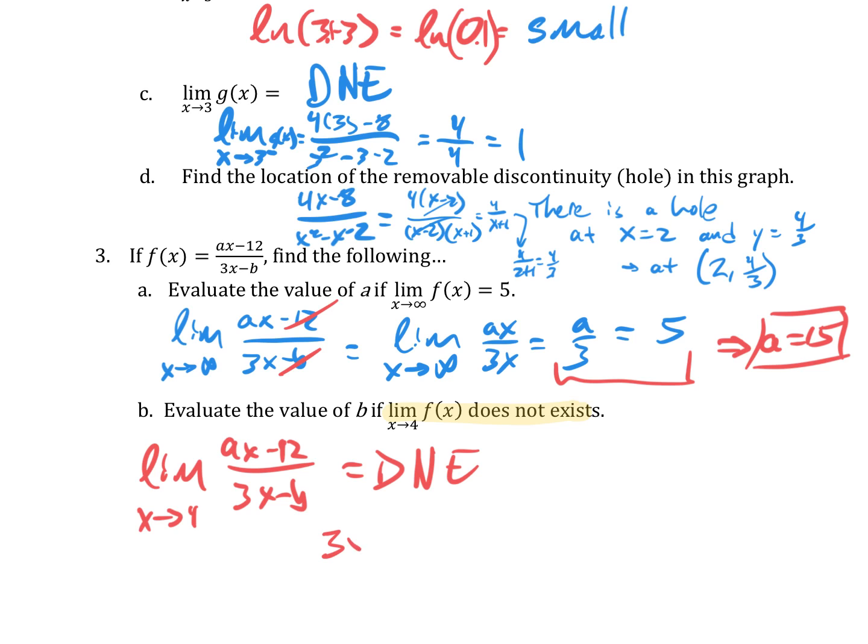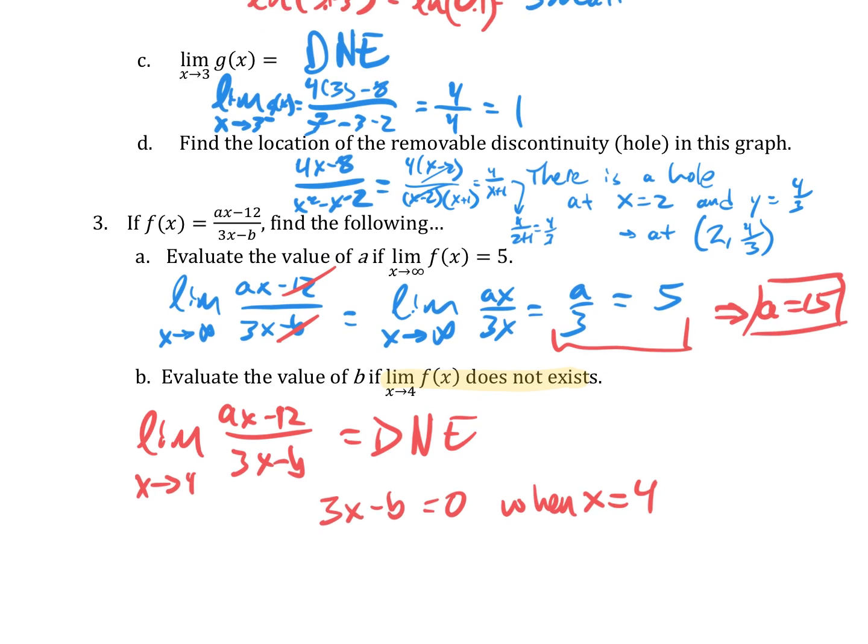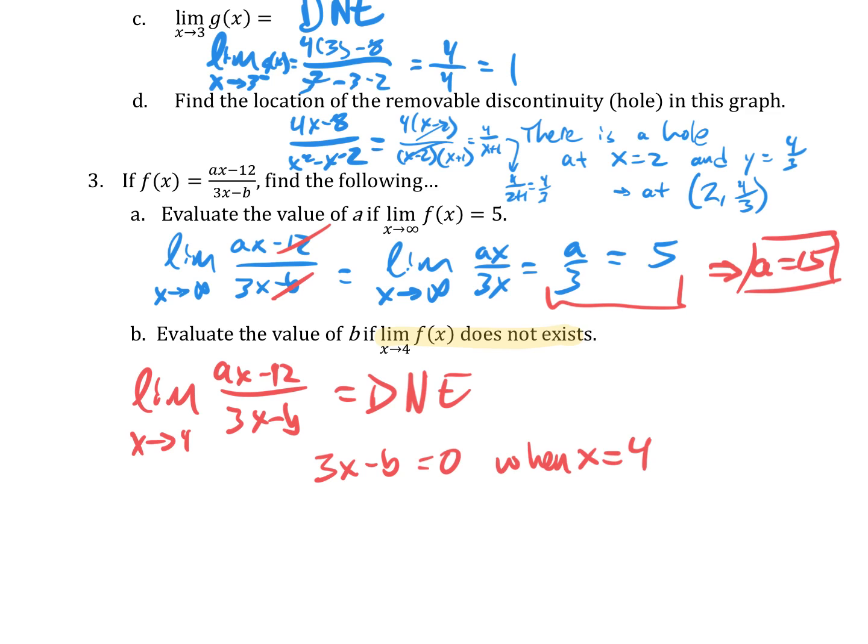So we need 3x minus b to be 0 when x is 4. All right, so that would give us a vertical asymptote. Well, let's solve that. We can plug in this 4 there. So we have 3 times 4 minus b is 0.